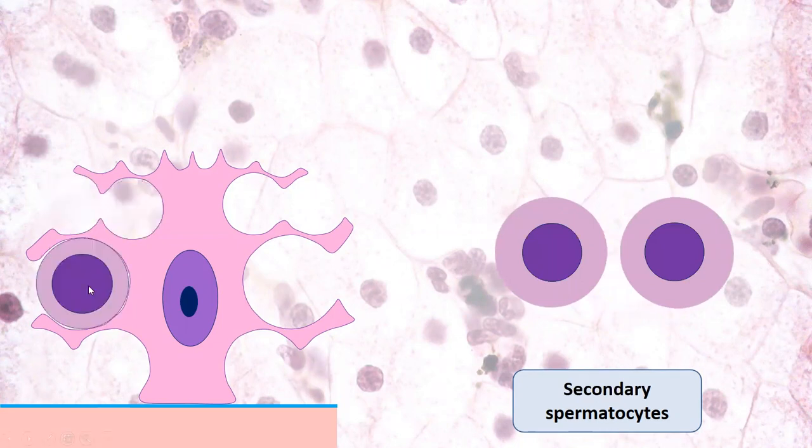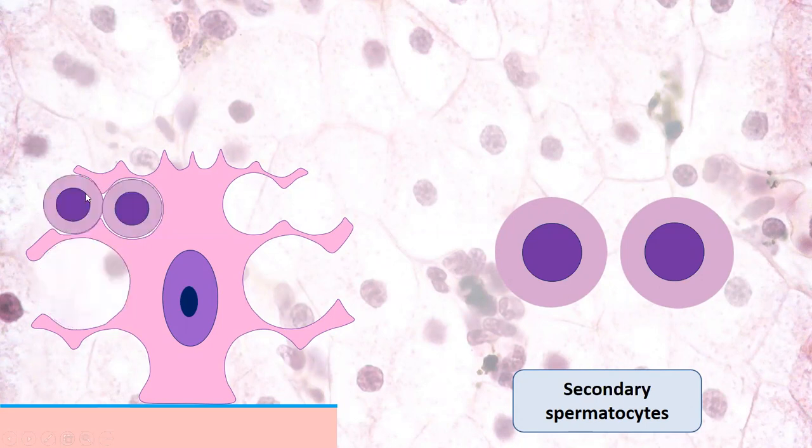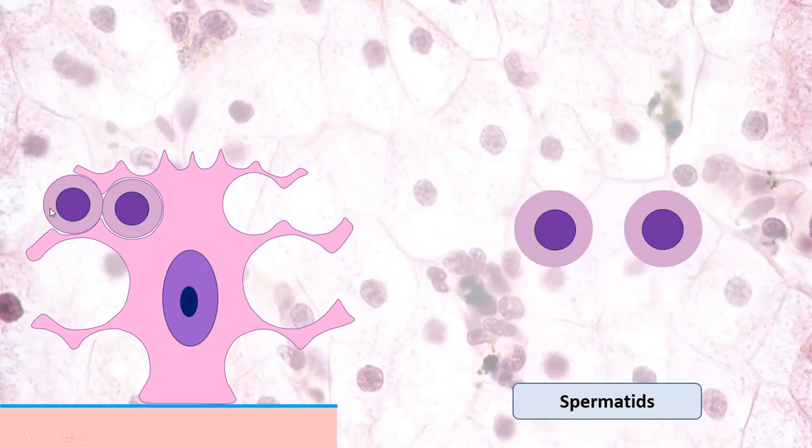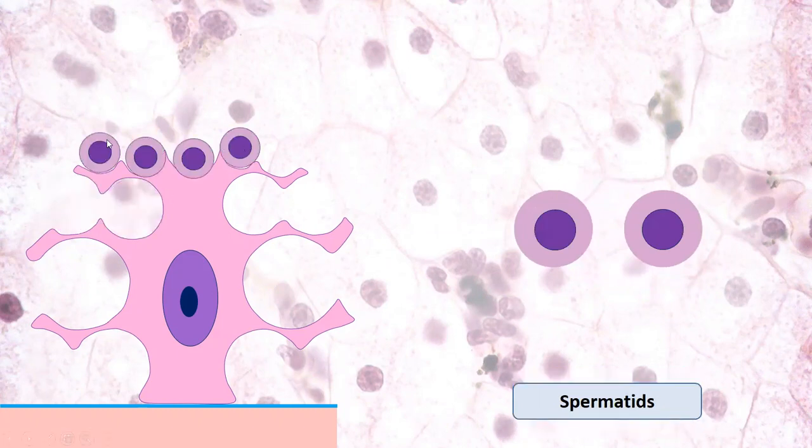Here you can see the primary spermatocyte, and it becomes two secondary spermatocytes, and they are going upper. And each secondary spermatocyte gives rise to spermatids. And here we can see formation of four spermatids from two secondary spermatocytes, and they are located near the lumen.